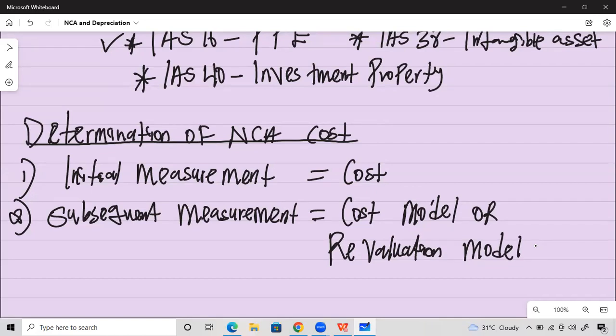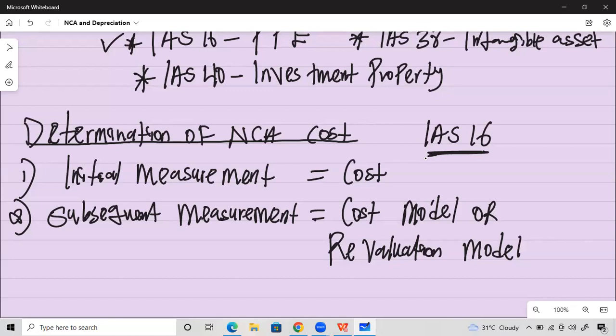When you want to measure your non-current asset, the initial measurement is at cost. Subsequent measurement for tangible non-current asset can either be at cost model or revaluation model. Because what we are talking about now is IAS 16.